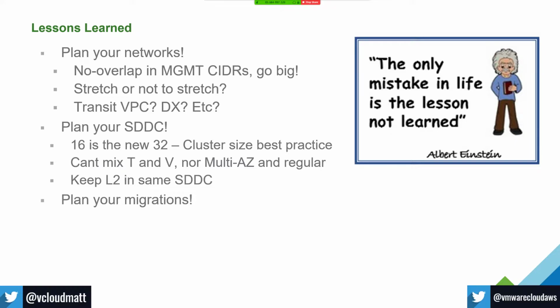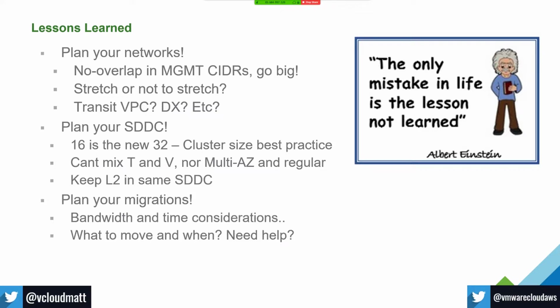The other is plan your migrations. Really, again, HCX is great. The technology is easy, the technology is always the easy part. There is some time to think about bandwidth and latency and how long things will take to replicate. But really, the biggest thing is what to move and when.